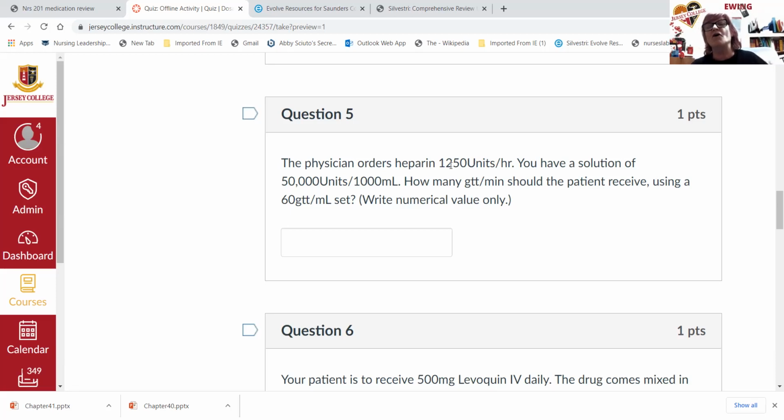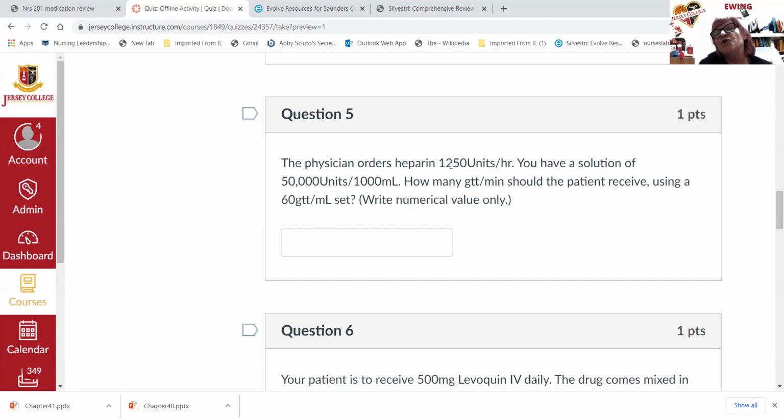So now we have to take our total volume, which is 25, and divide that by 60, because 60 minutes is an hour, and then multiply the whole thing times 60. So you're still going to end up with 25, but you really have to do that step in order to get it to the minute rate.